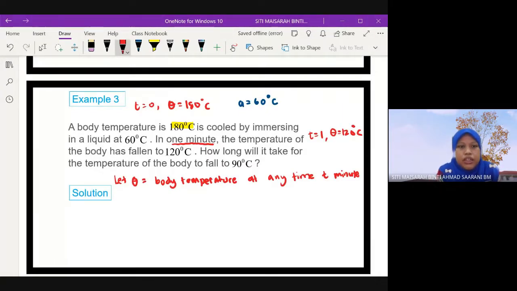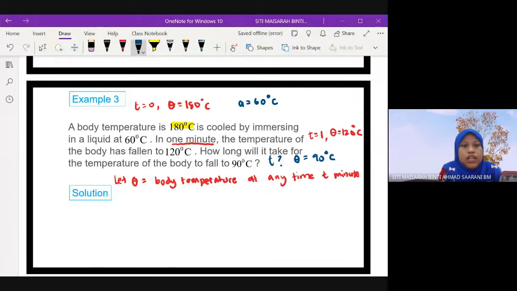How long will it take for the temperature of the body to fall 90 degree? Soalan dia nak T berapa bila temperature theta equals to 90 degree Celsius. Okay. So jadi dia nak tengok berapa minit yang dia boleh jadi macam tu. So jadi ini kita tahu this is relate dengan body temperature.